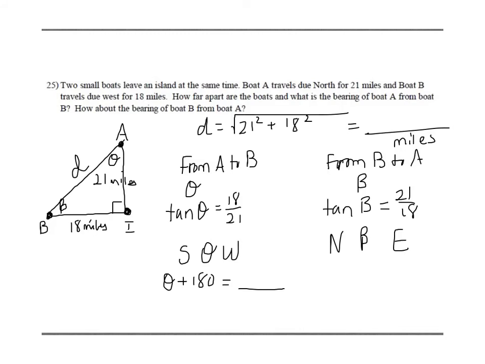And then to find it the other way, this is north, right? And if this is beta, then this would be the bearing. So if I just do the regular angle, I would take 90 minus beta, and that would give me my other course. So that should get you started, but here's your picture, and from that you should be able to do this problem.